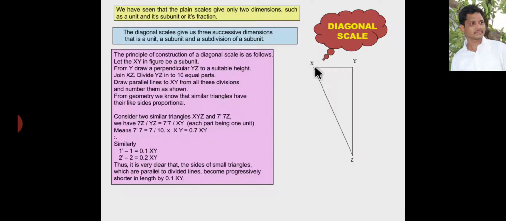I consider this horizontal line XY as a subunit, and take any convenient length. Now divide the vertical line into 10 equal parts, and draw lines parallel to the XY line.